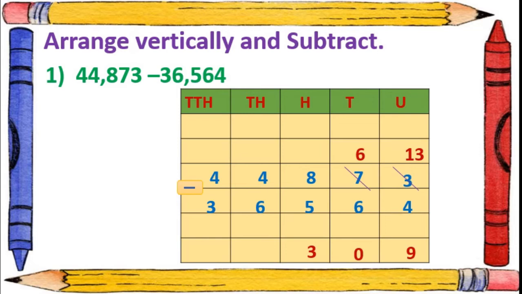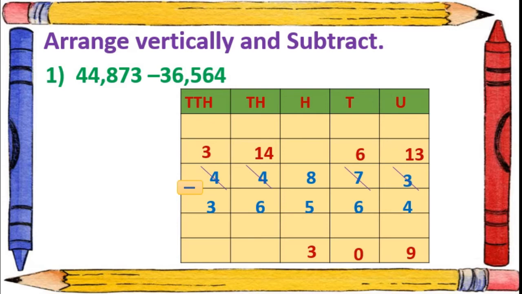Again not possible. Yes, from 10,000s place we will untie this 4 and we will get here 10,000, meaning 10,000 plus 4,000 is equal to 14,000. And in the 10,000s place 3 remained, isn't it?